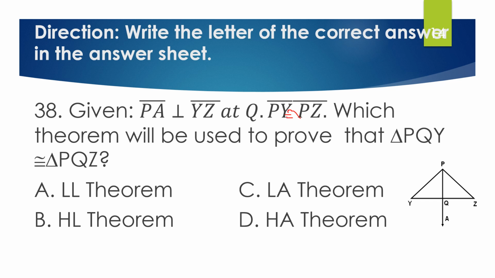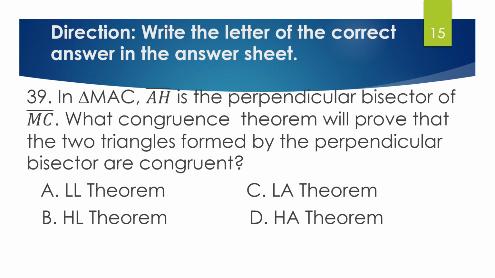Which theorem is used to prove that triangle PQY is congruent to triangle PQZ? We could use here the hypotenuse angle theorem or the hypotenuse leg theorem. So which do you think is the correct answer? We shall use the HL theorem, or hypotenuse leg theorem.